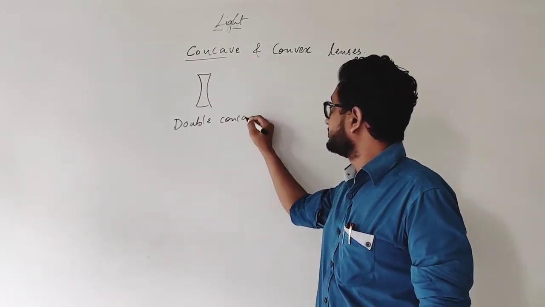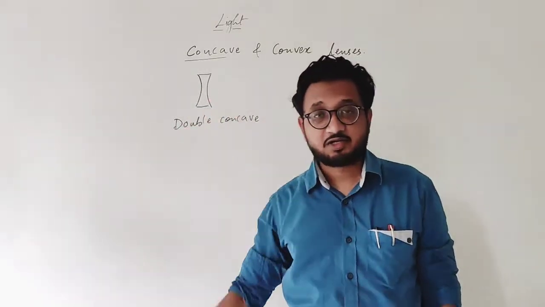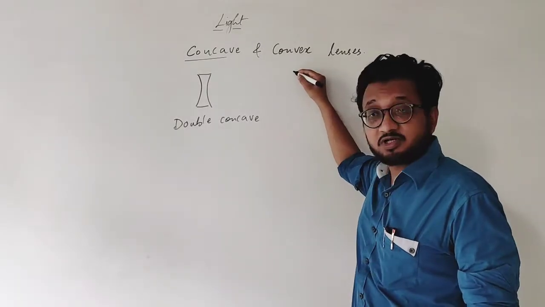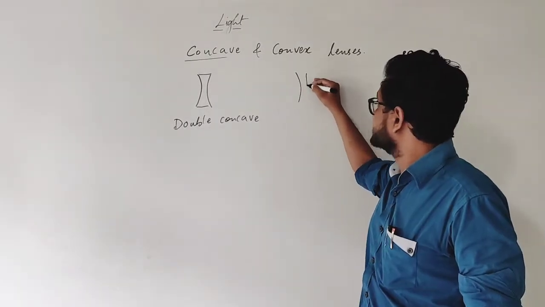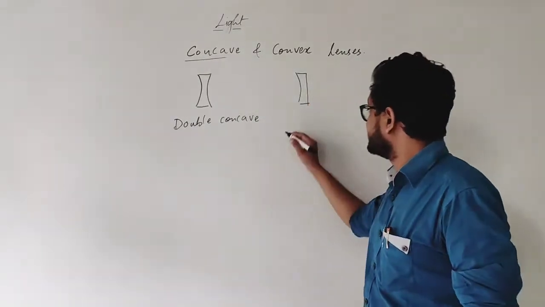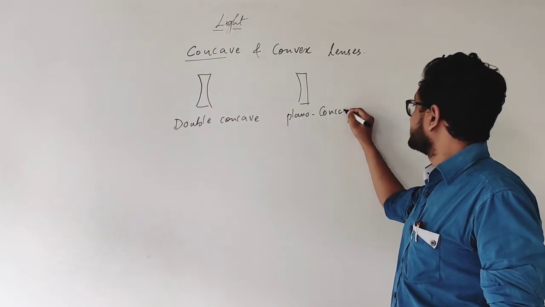Double concave lens, because the curve is on both the sides, not just one single side. Okay? And second one is plano concave lens. So one side is plane, it is called plano concave lens.